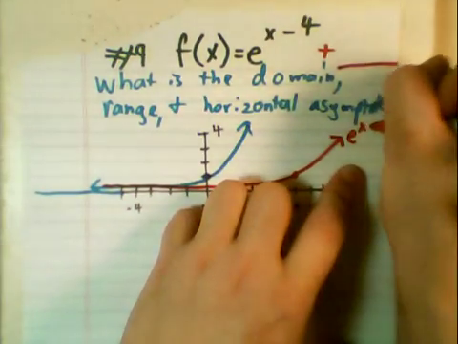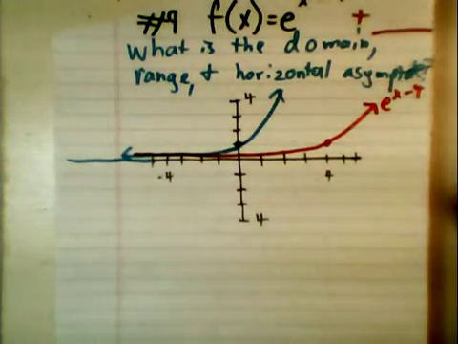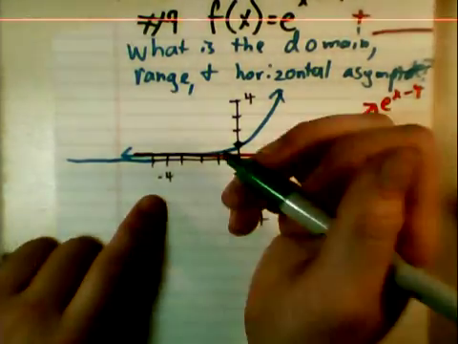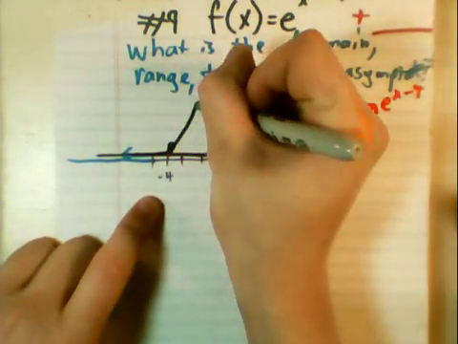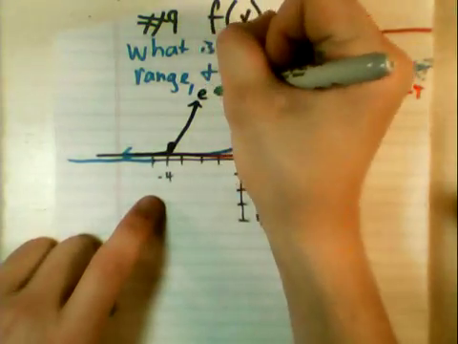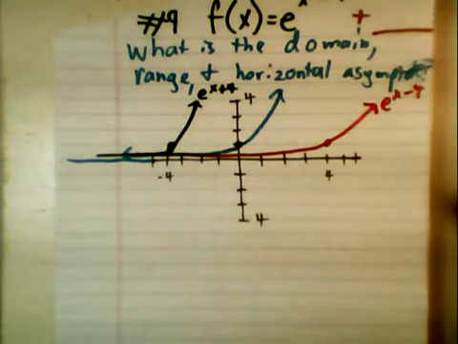That's e to the x minus 4. And, well, what about e to the x plus 4? That would be basically this, starting from (0, 1), e to the x plus 4. Let's do one more.